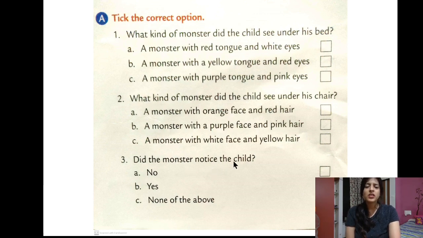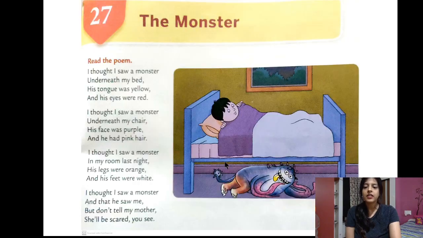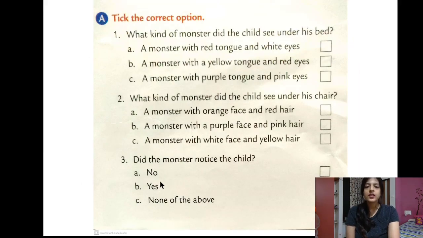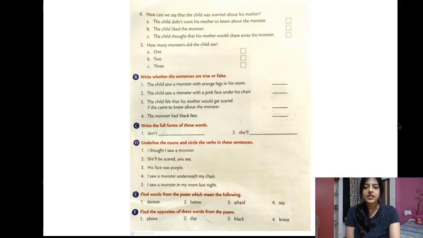Did the monster notice the child? That means, did the monster see the child? Let's see. I thought I saw a monster and that he saw me. That is when the poet is telling that the monster also saw him. So he noticed the child. So we say yes.